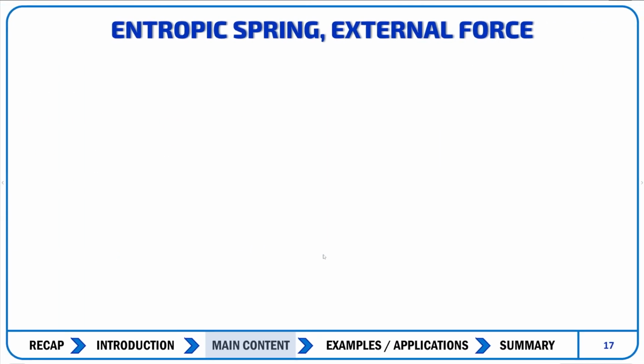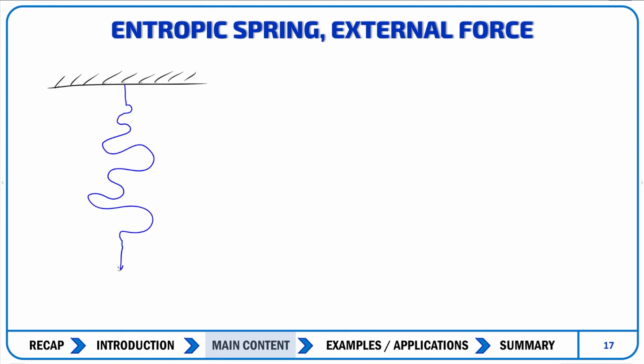So we can move forward. What happens if we take a look at an entropic spring with an external force? So I'm going to draw something here. Let's say that we have an entropic spring or some sort of chain of DNA, just looks like this.